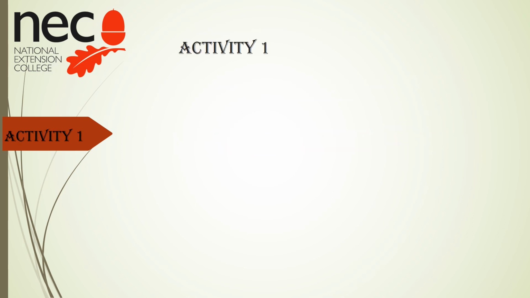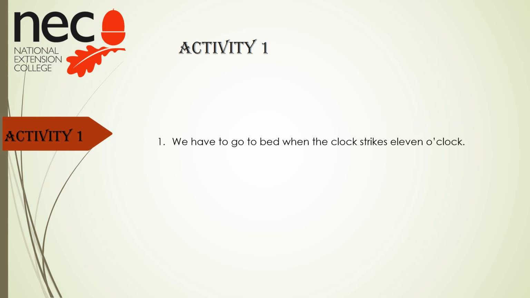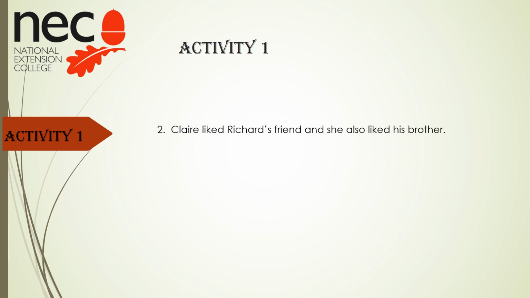Activity 1. Allow 10 minutes. Look at the 5 sentences below. For each one, decide whether it is a simple sentence, a compound sentence, a complex sentence or a sentence fragment. 1. We have to go to bed when the clock strikes 11 o'clock. 2.